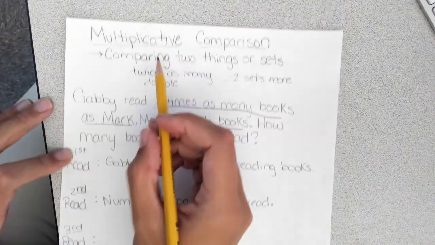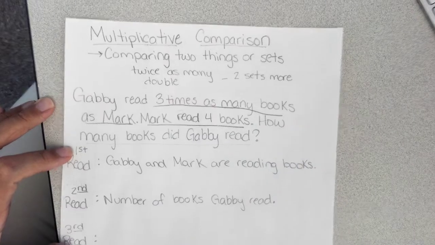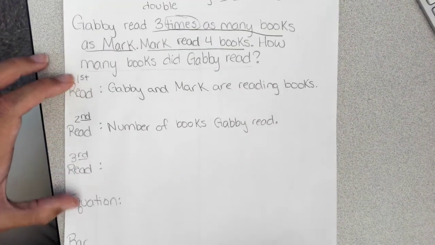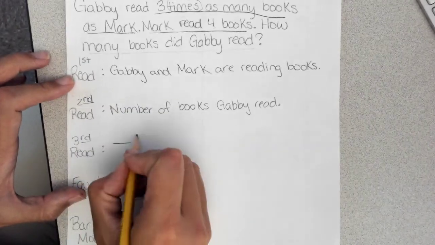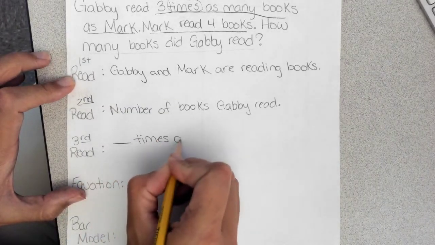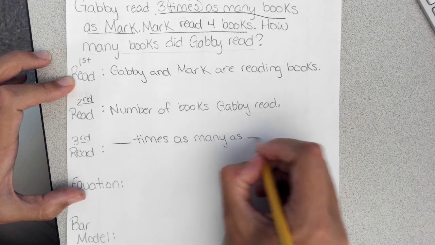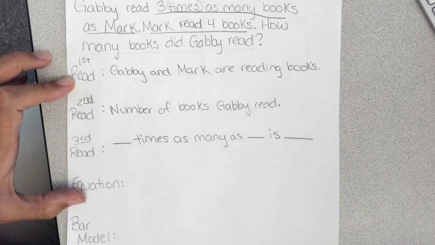So when I'm using multiplicative comparison and see this times within the word problem, I'm going to write: blank times as many as blank is blank.